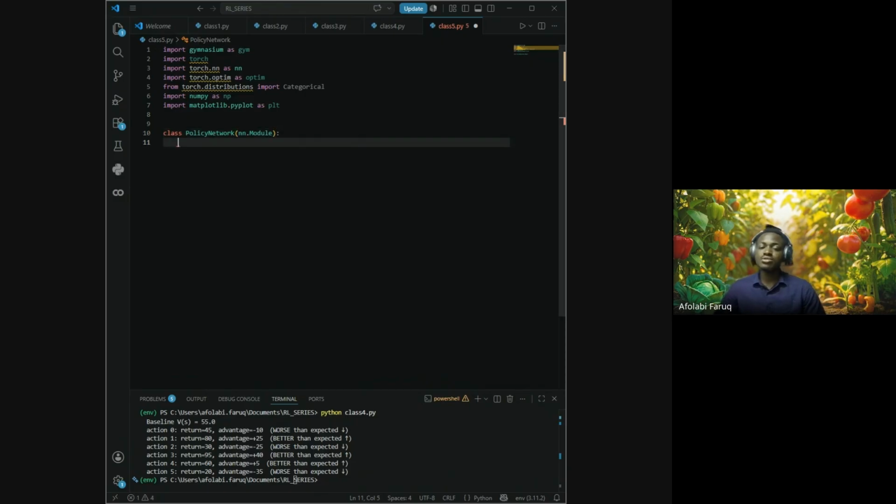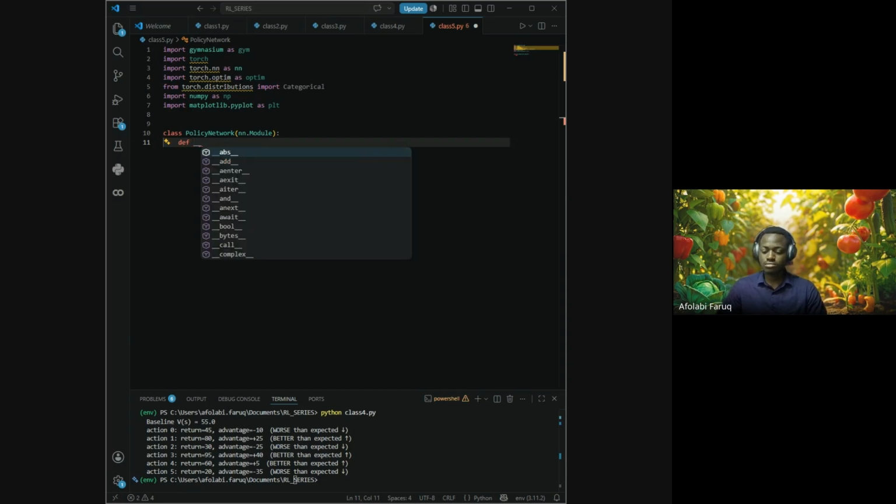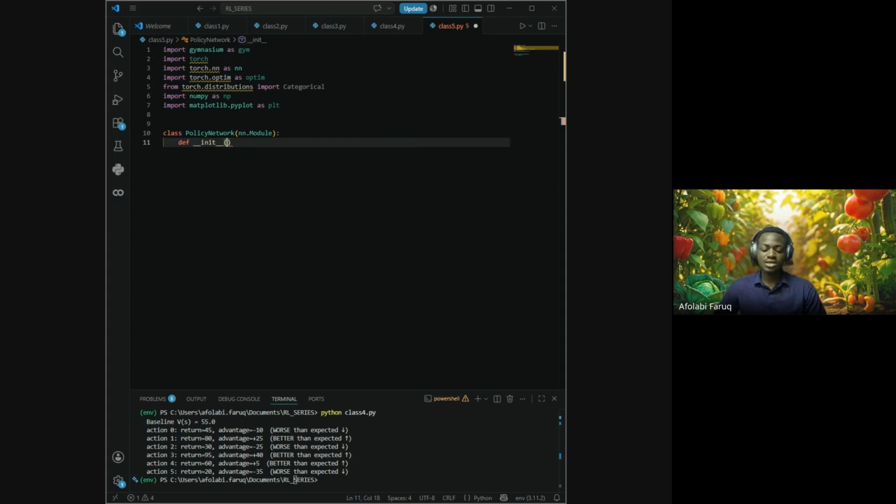This enables us to inherit PyTorch properties of creating a neural network. Then we are going to initialize our class.